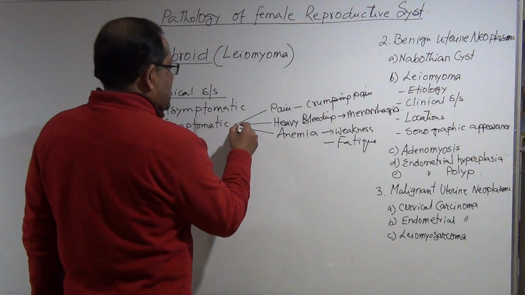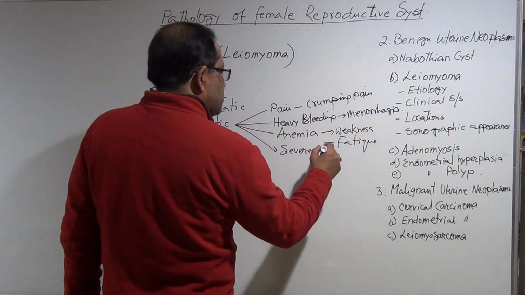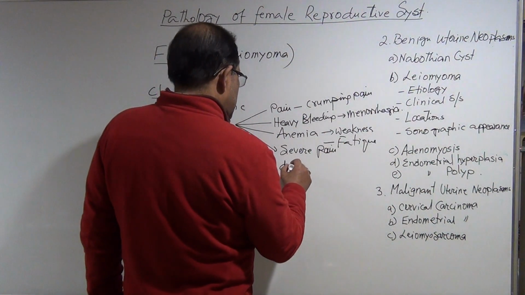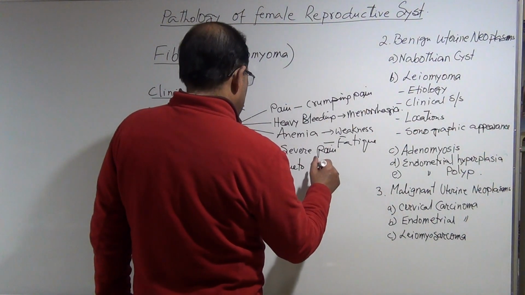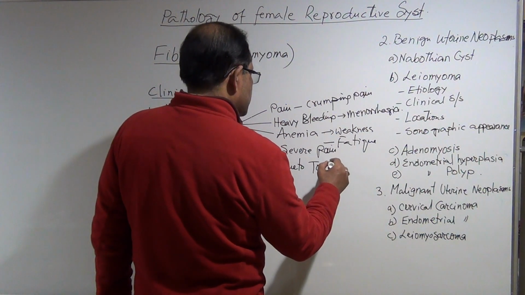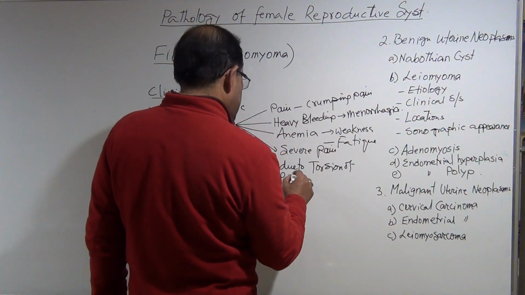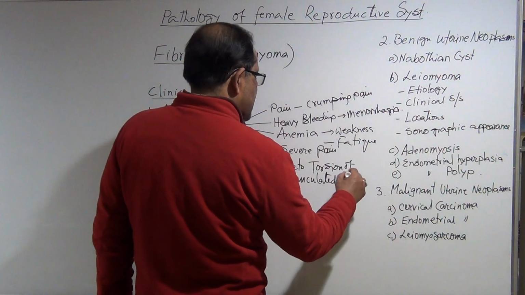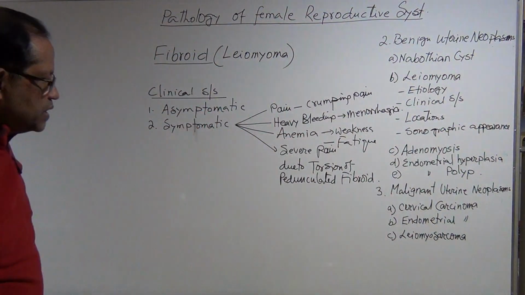Sometimes the patient may come with severe pain due to torsion of a pedunculated fibroid. We'll talk about it.